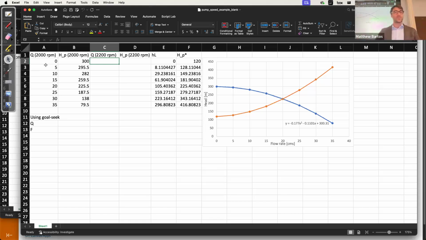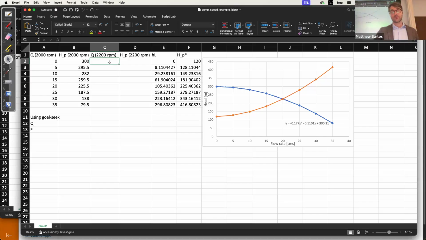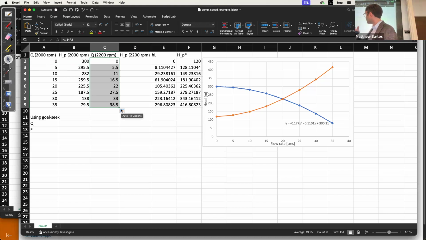From our expression, we have that Q2 is equal to 1.1 times Q1. So all I have to do is take column A and multiply it by 1.1. And that gives us our new set of discharges for our augmented pump curve.